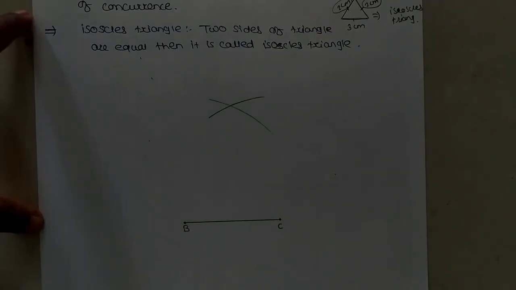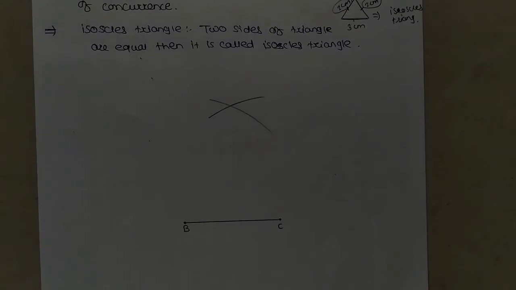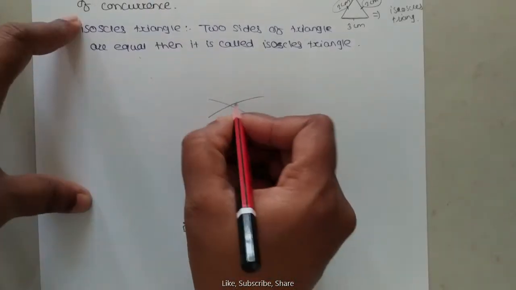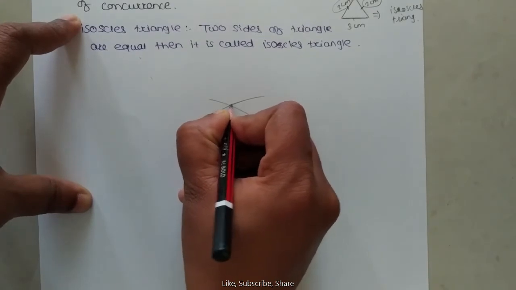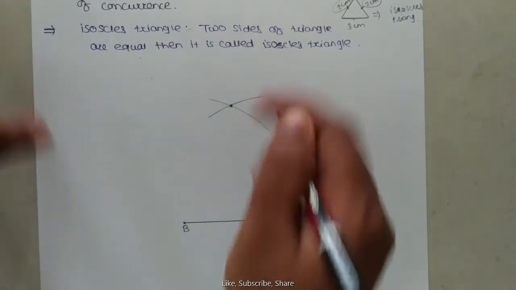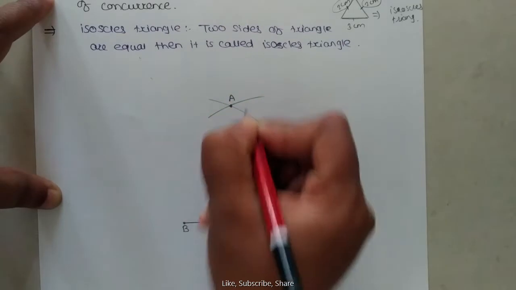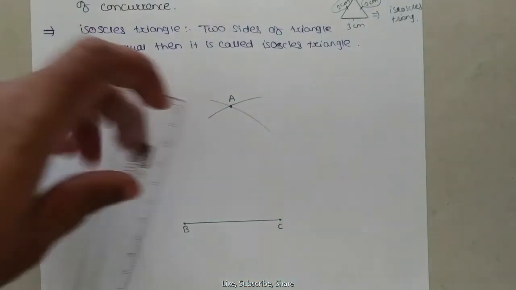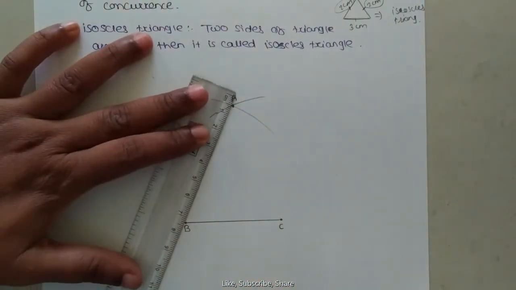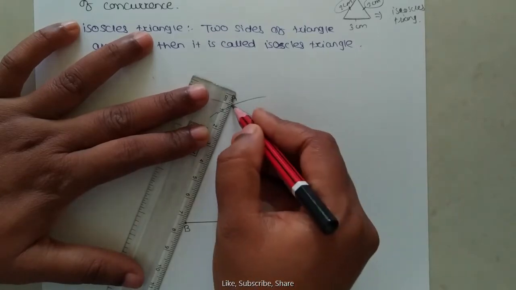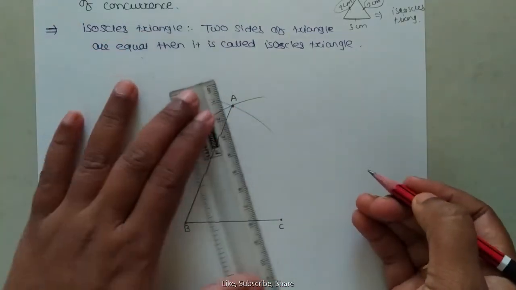Now this is the intersection point. Suppose this intersection point is A. So join this point with B and C, that is AB and AC.